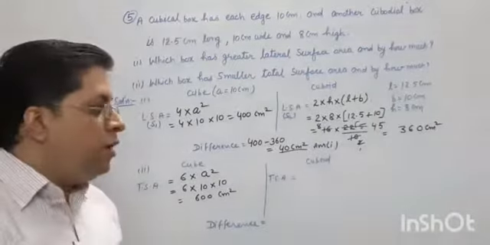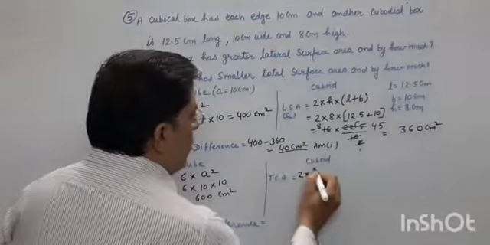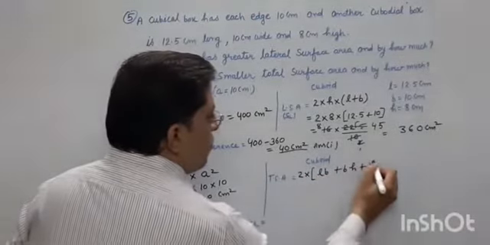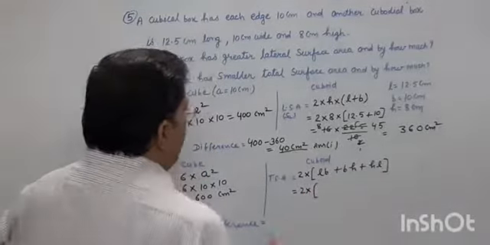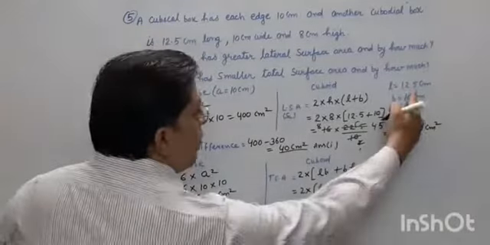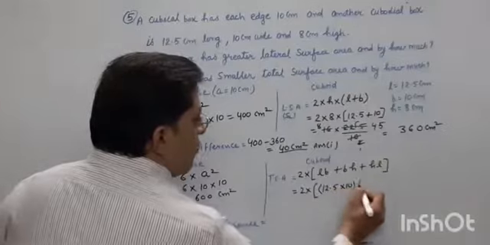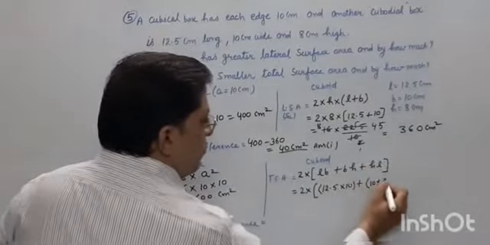Then what is TSA of cuboid? 2 into in bracket LB plus BH plus HL. LB is 12.5 into 10, L is 12.5, no? Then BH, 10 into 8.